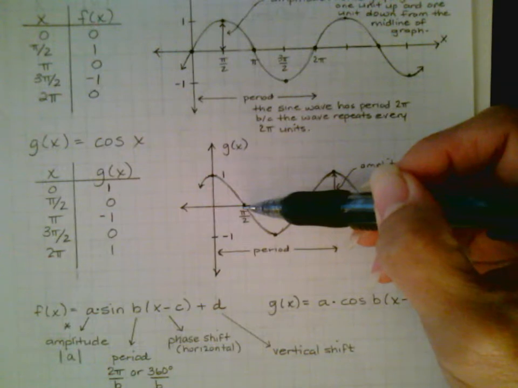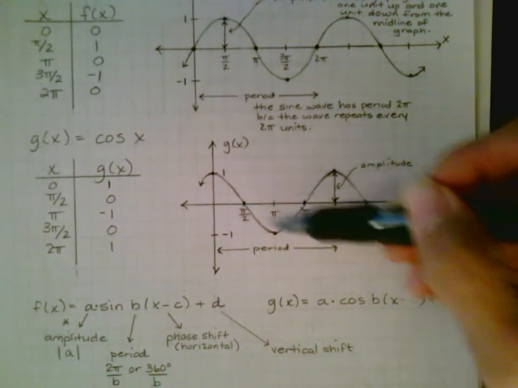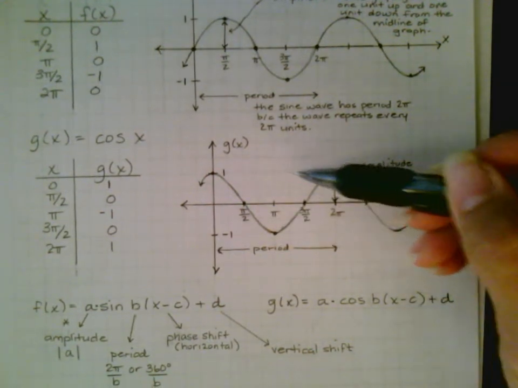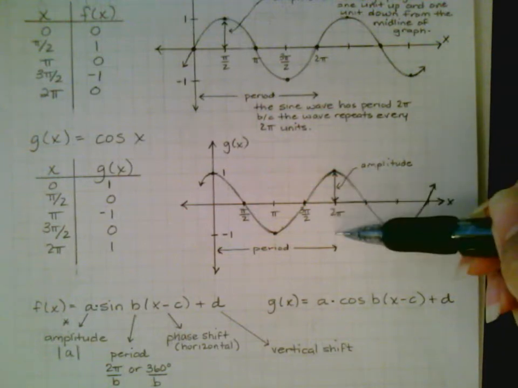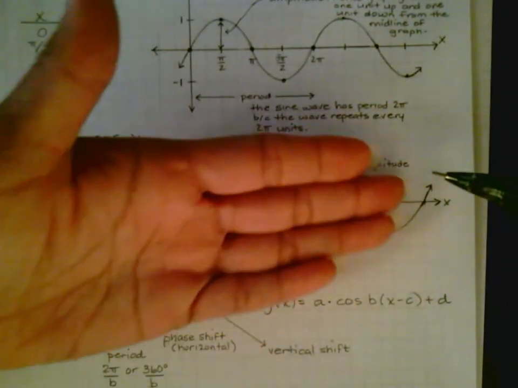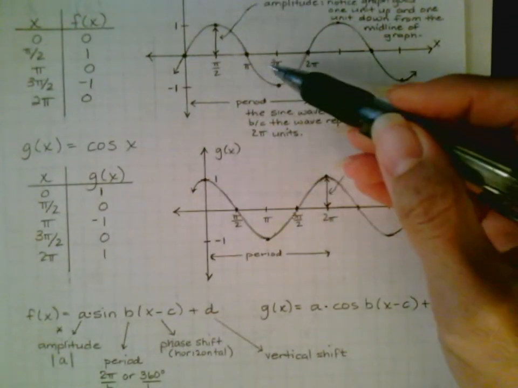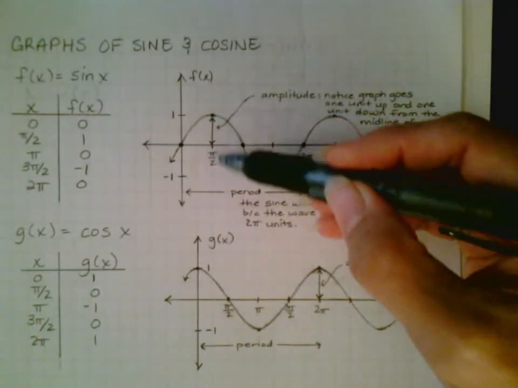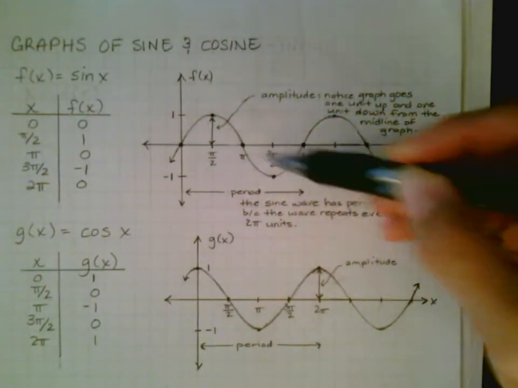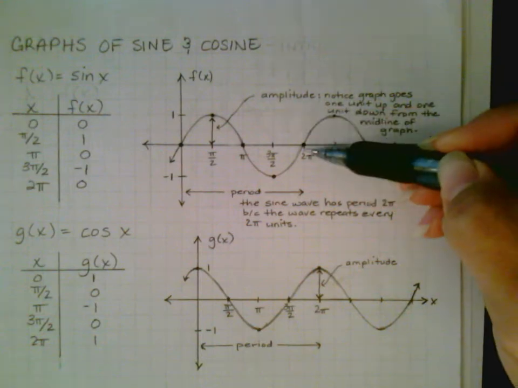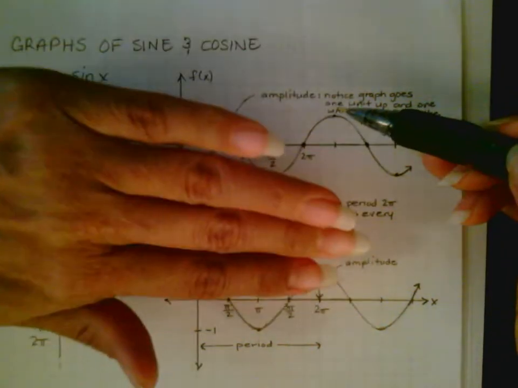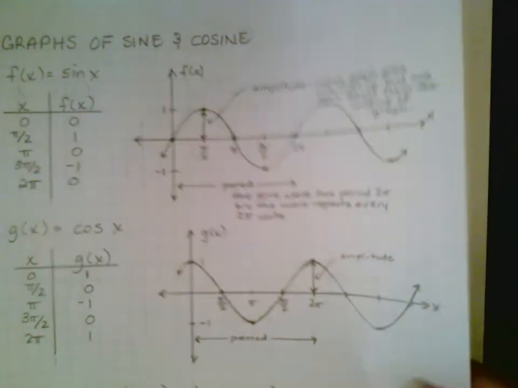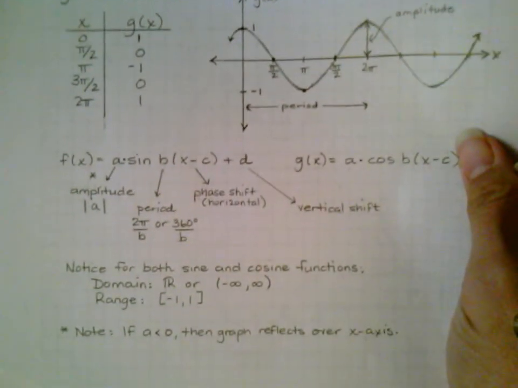This one can't reflect over the x-axis, it stays there. That one goes up here, this stays, and this goes down here. So your graph just flips over, okay? If you looked at the sine graph, that means this one will come down, stay, stay. This one will go up, stay. Again, it flips like that, okay? So look out for those negative values.